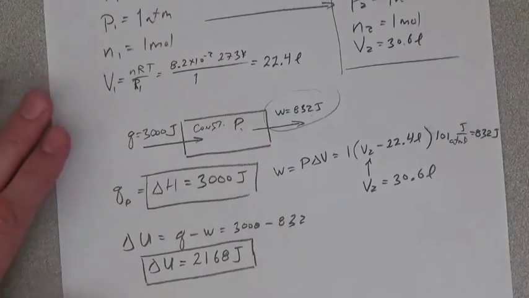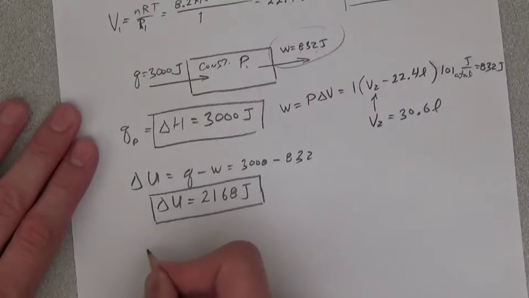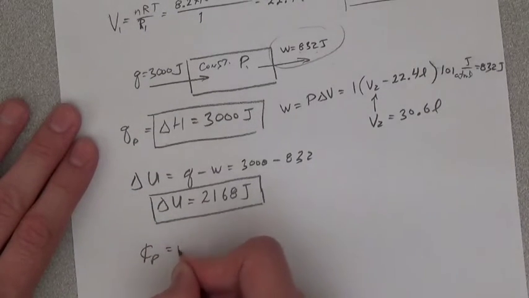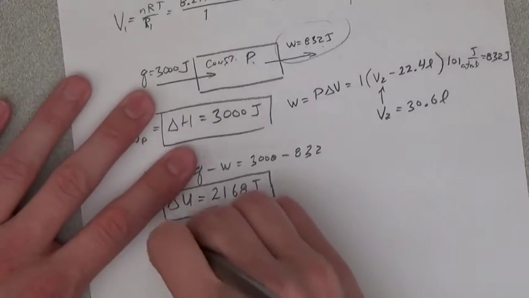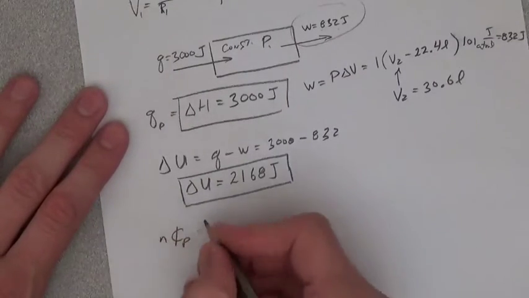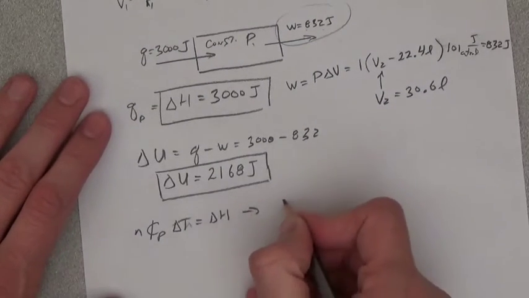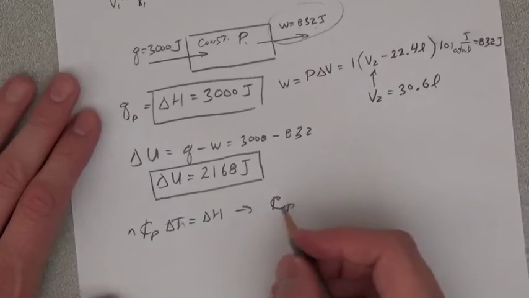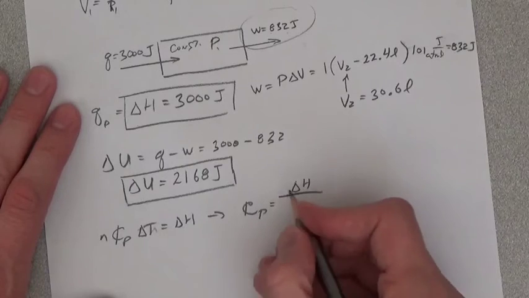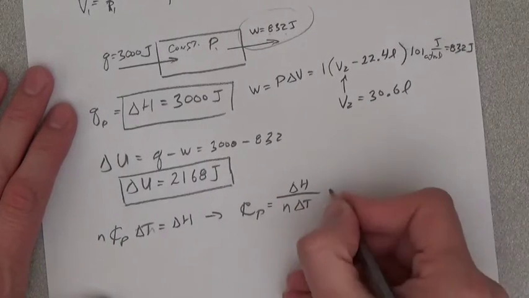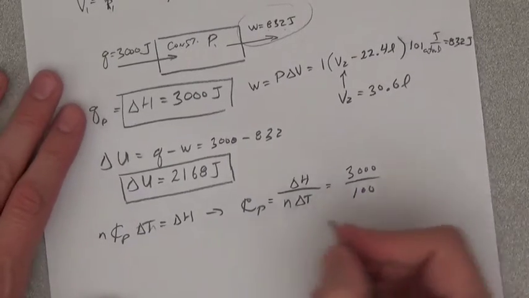Okay, and next we need the heat capacities. We've got Cp times N delta T is equal to delta H. So the constant pressure molar heat capacity is equal to delta H over N delta T, which is 3000 divided by 100.